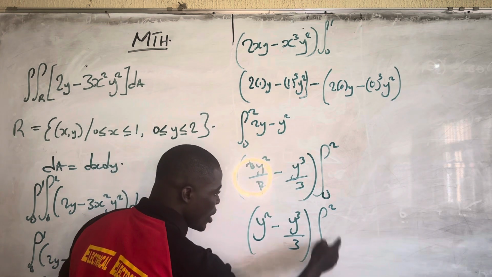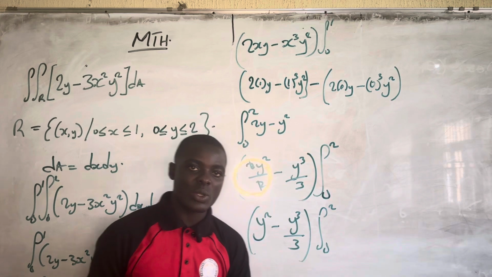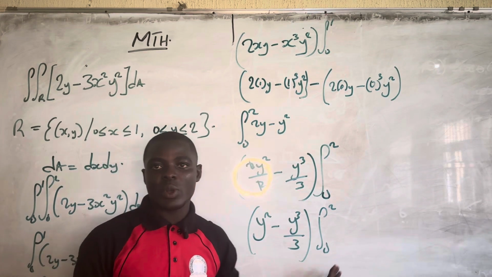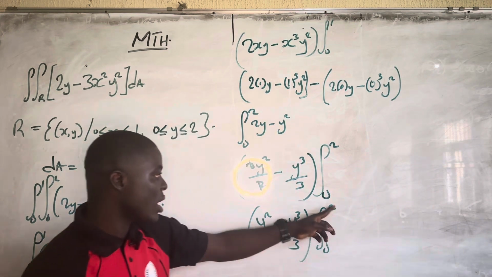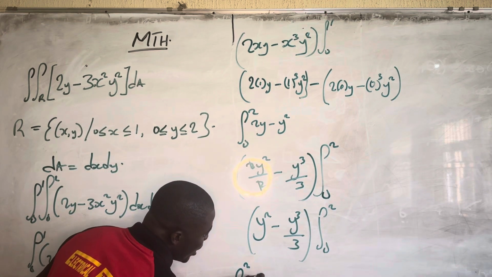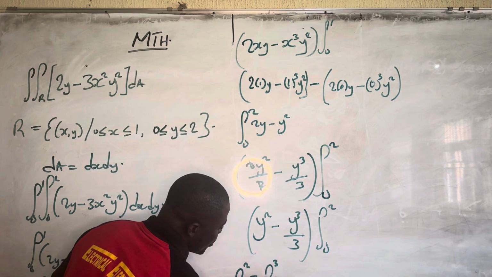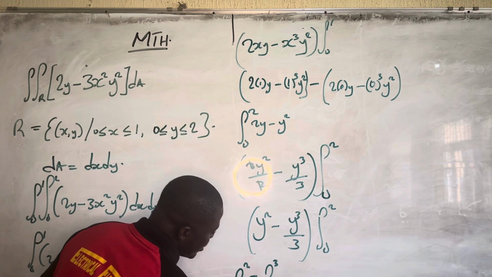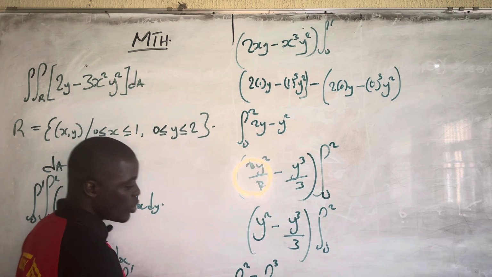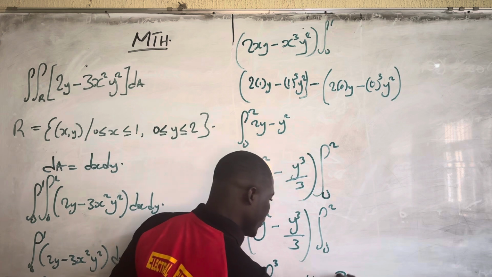Automatically, the value at 0 is equal to 0, so we won't calculate for 0. So let's calculate for 2, where y equals 2. We have 2 raised to power 2 minus 2 raised to power 3 all divided by 3. Then 2 raised to power 2 gives us 4, minus 2 raised to power 3, which gives us 8 over 3.